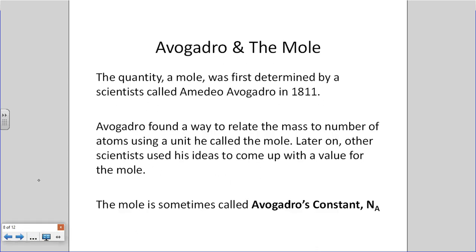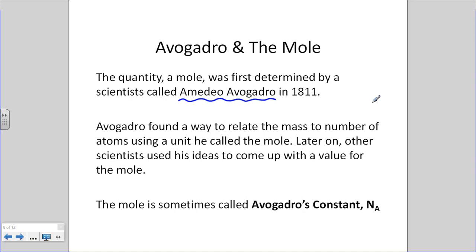So where did the mole actually come from? It was figured out or talked about by a scientist back in the early 1800s, and his name was Amadeo Avogadro. And again, we're not going to get into all the details in this course about how it came about, but he found a way to relate the mass number of atoms using a unit called moles.